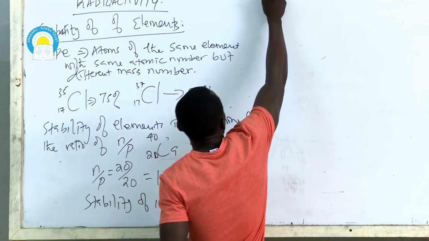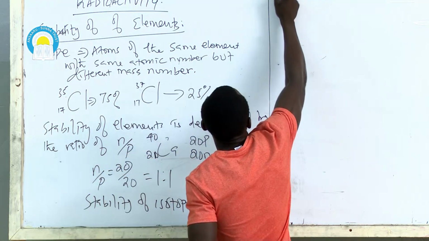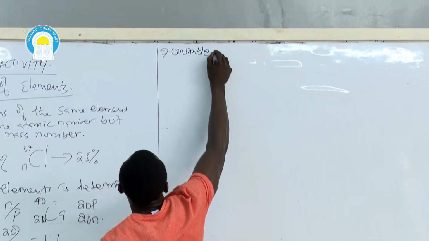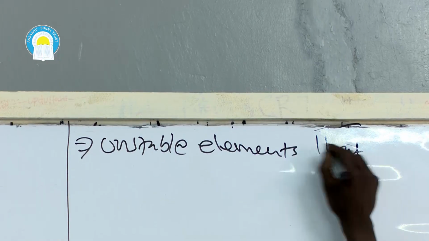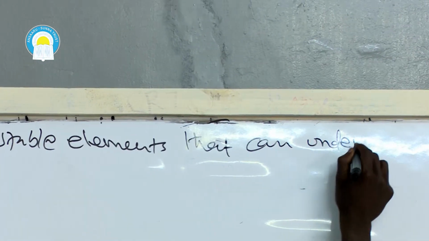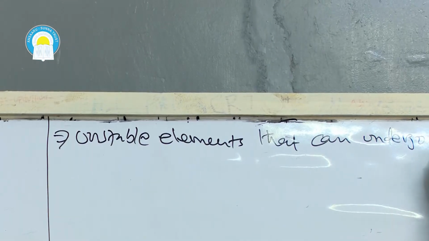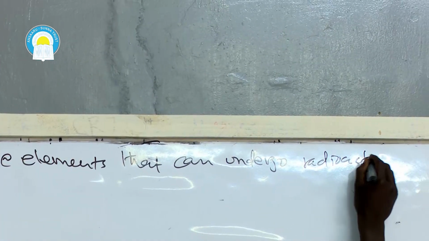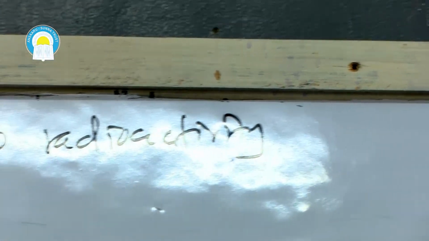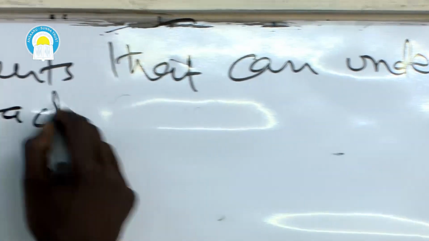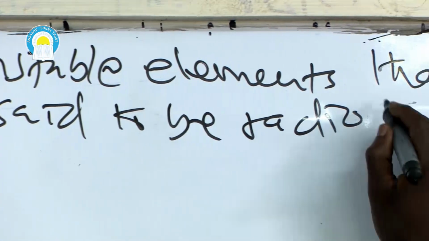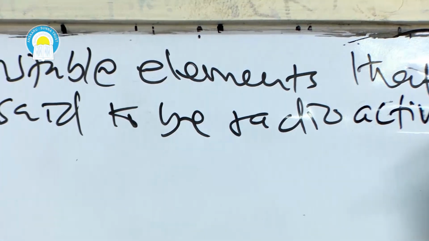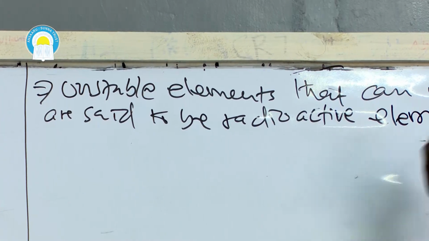So unstable elements that can undergo radioactivity are said to be radioactive elements.